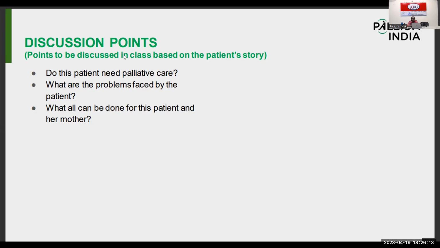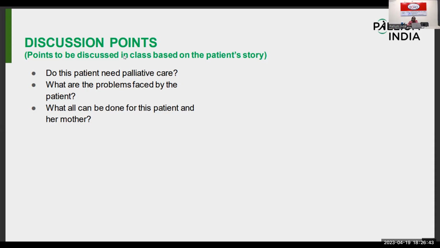I think this patient needs good community support, and you can also think about vocational rehabilitation, because the mother is not able to go for work, and she has some psychiatric and psychological problems.